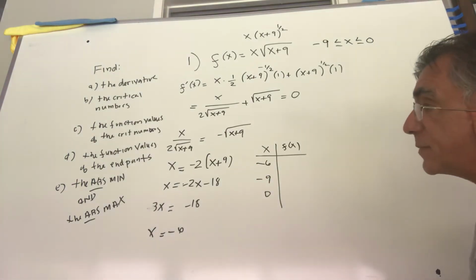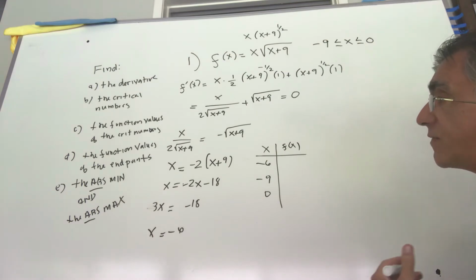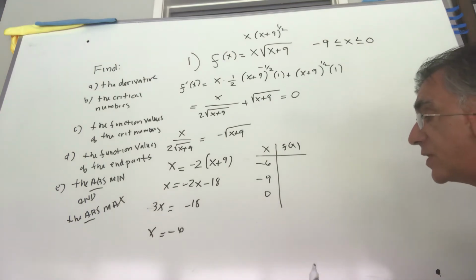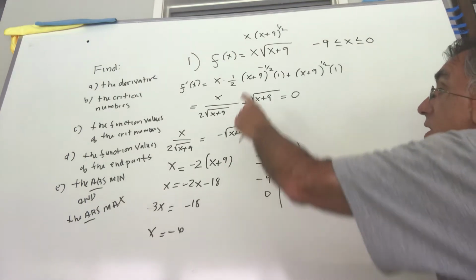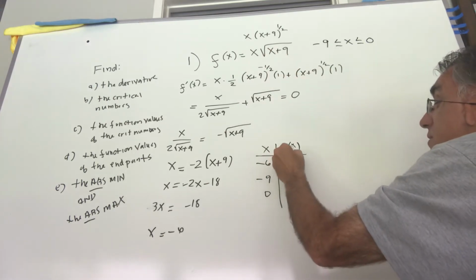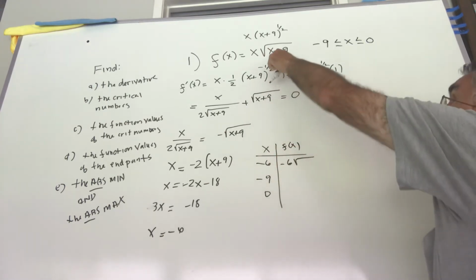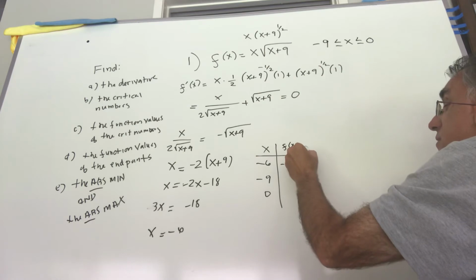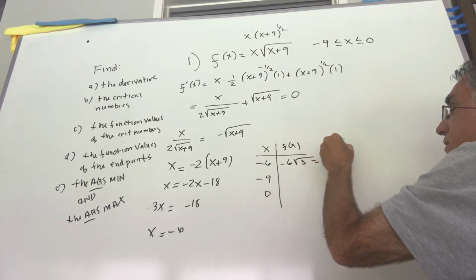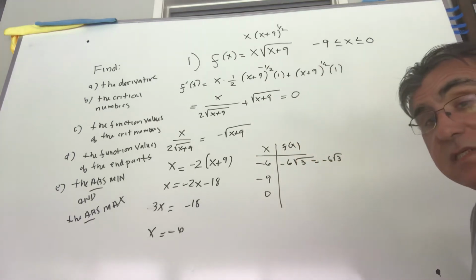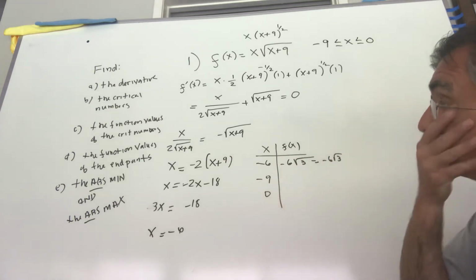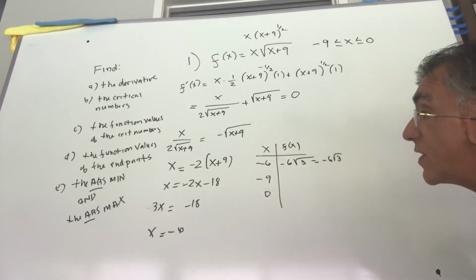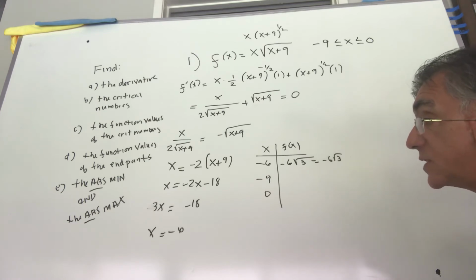So let's do step C, finding the function value of that critical number. The critical number is -6. You put -6 back into the original equation. -6 plus 9 is 3, and you get -6√3. So there's the function value of the critical number. I say critical number, but there's only one critical number in this particular case.